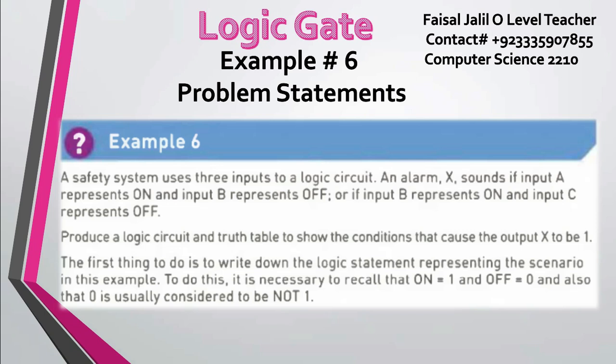If you have a question regarding this problem statement, you can ask now. Otherwise we have to jump to the next part. Do you have any question, class? Yes or no? Let's jump to the next part.